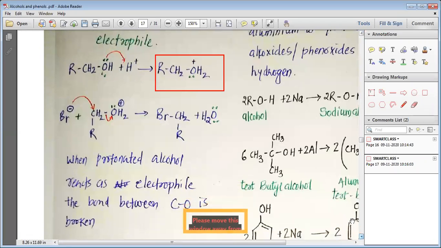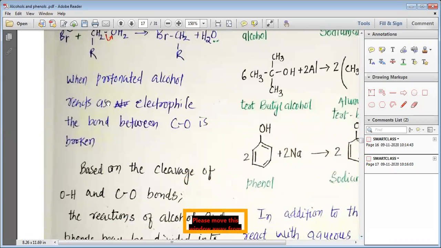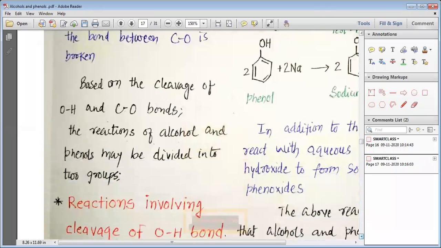When protonated alcohol reacts as an electrophile, the bond between carbon and oxygen is broken. So remember that when alcohol reacts as a nucleophile, the bond between oxygen and hydrogen is broken, but when alcohol reacts as an electrophile, the bond between carbon and oxygen is broken.